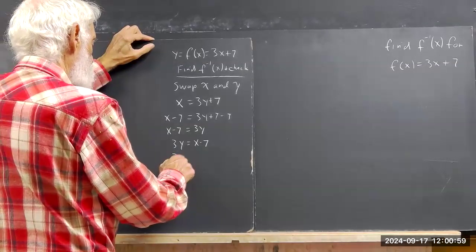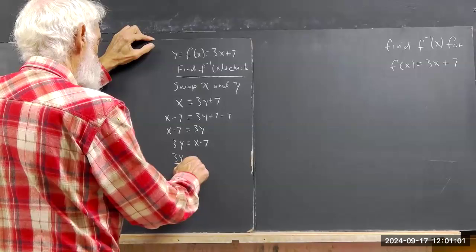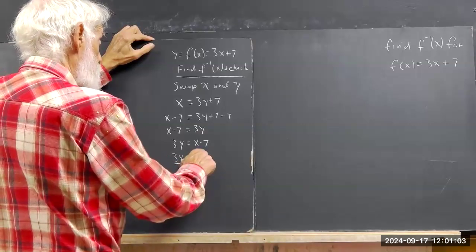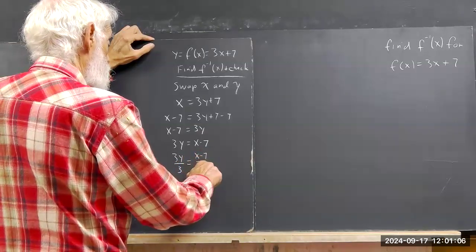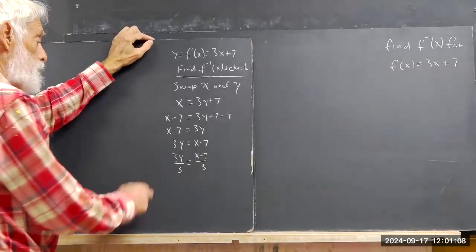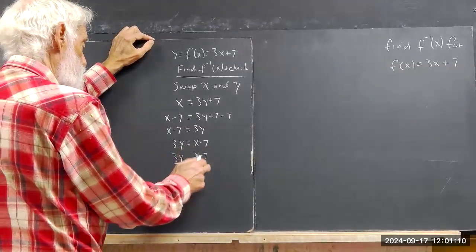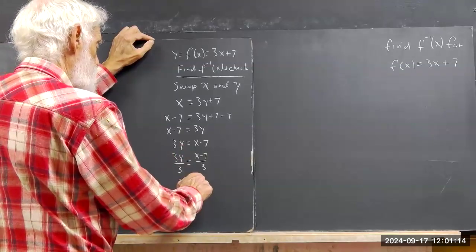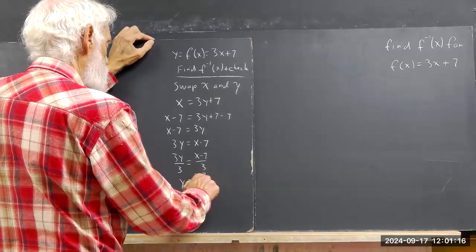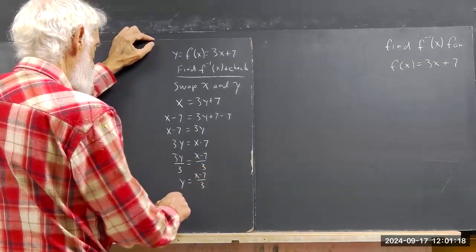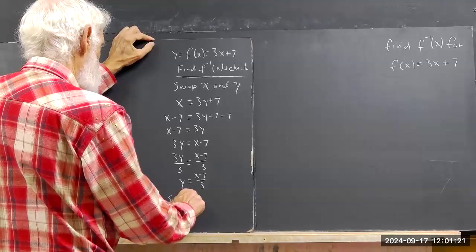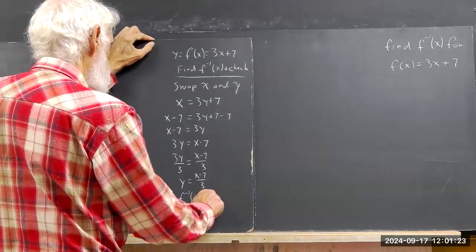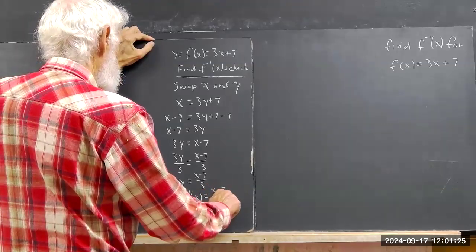Then we divide 3y by 3, which gives us just y, and of course we have to divide the other side by 3. So we get x minus 7 over 3. The inverse of f of x equals x minus 7 over 3.